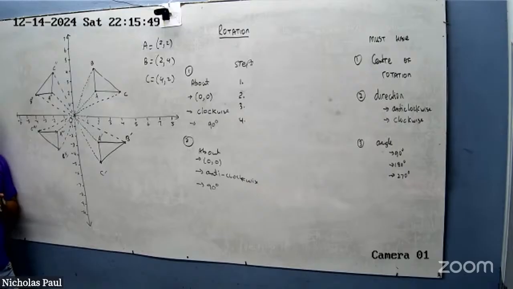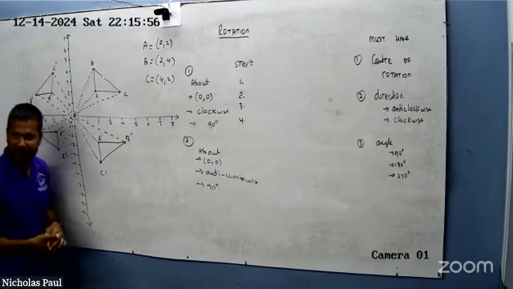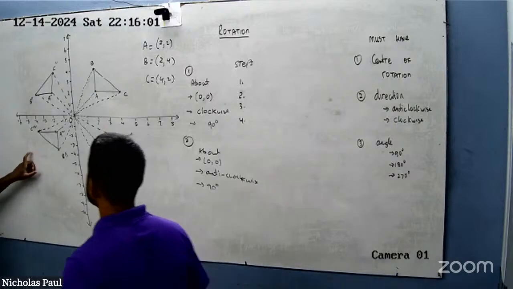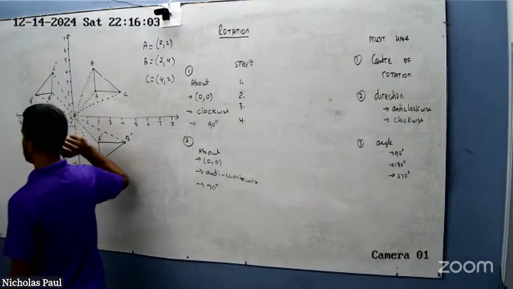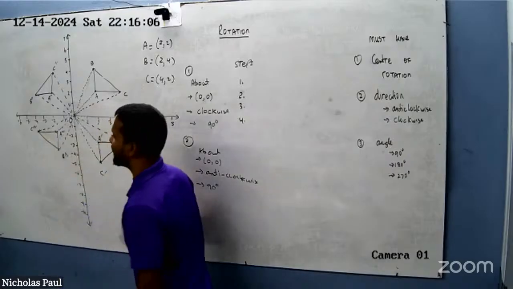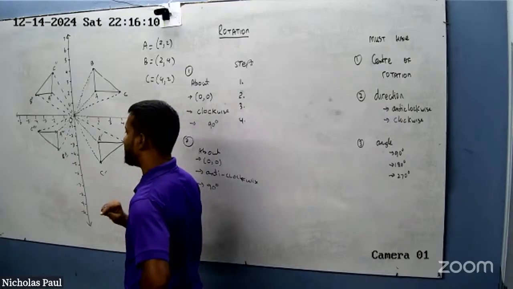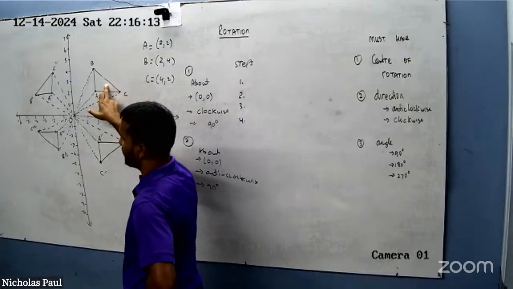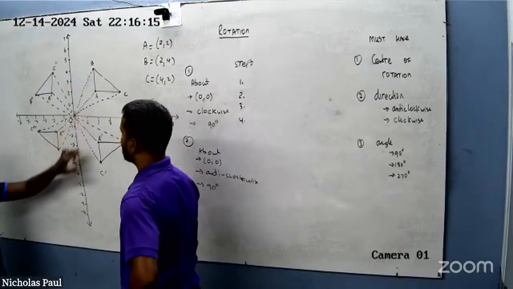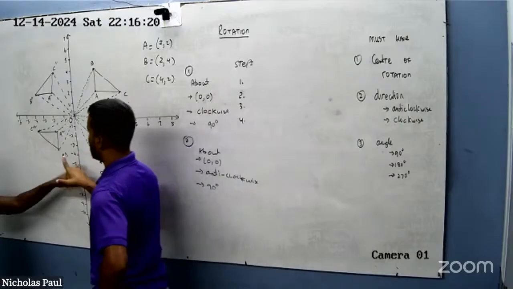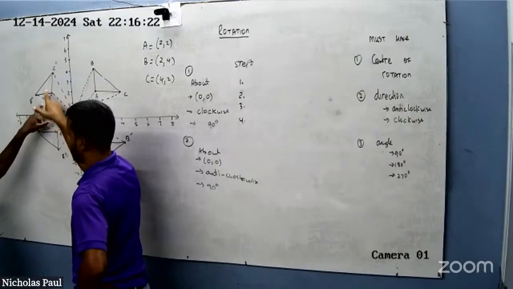Come on, show me which one it is. Take your time. We start in here. Clockwise, 270 degrees from here. Where will that be? This is 90, and this is 90. This is 180.